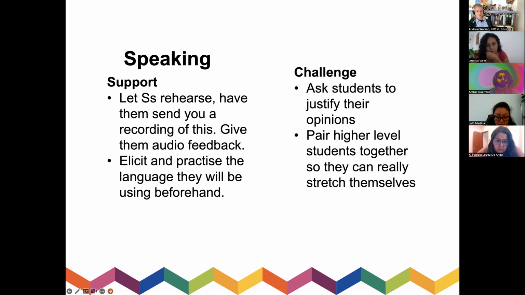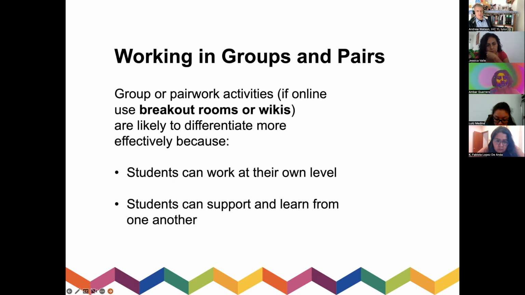All right, so that's skills, but we can also differentiate with our classroom management. Pair work or group work is more likely to differentiate because students can work at their own level and they can support and learn from each other.